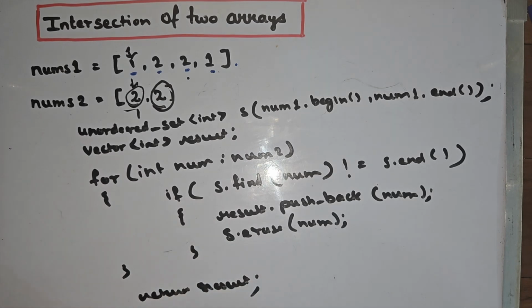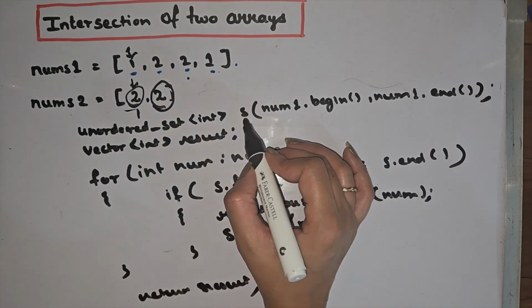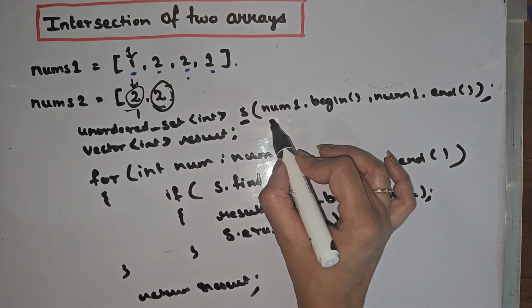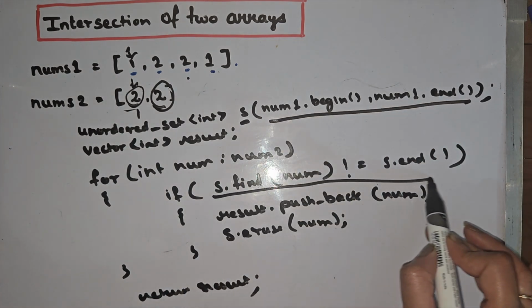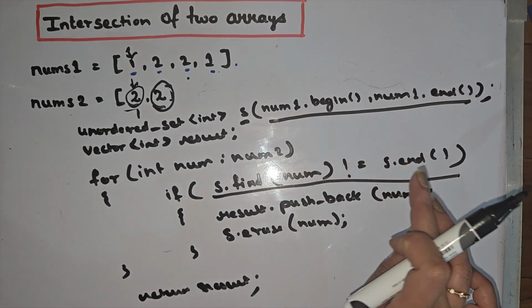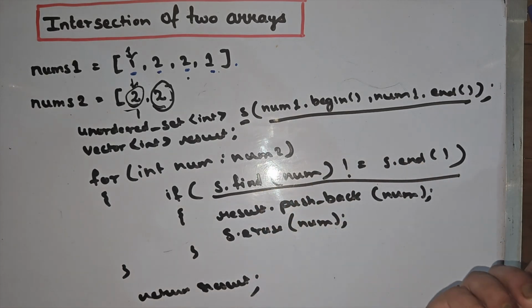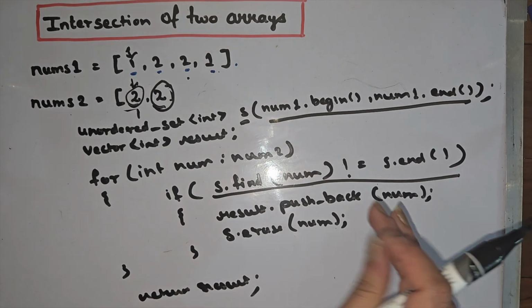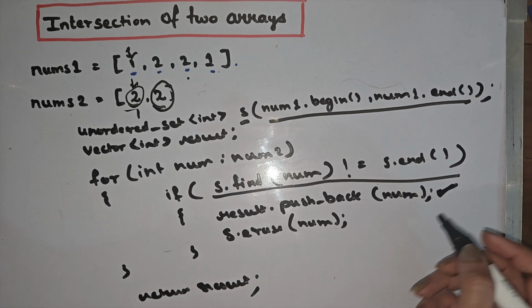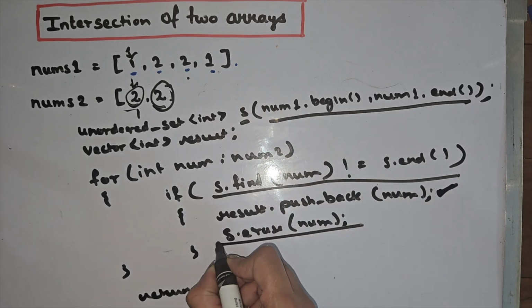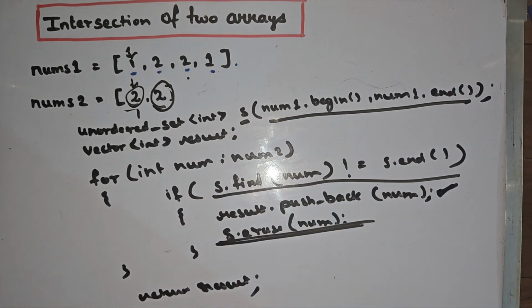So what this will do, we will have a set and we will add all the elements of nums1 to the set, and we will check if the nums2 element exists in the set or not. If it does not exist, then we ignore it, and if it exists in the set, in that case we will add that element to the result and erase this element from the set. So this is the solution.